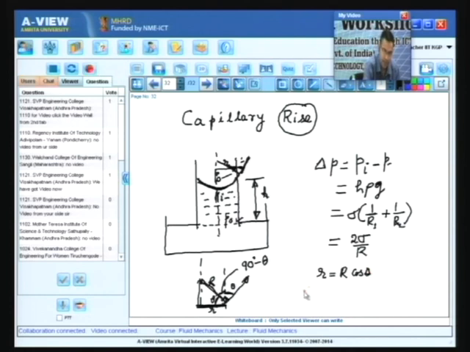So, we can write delta P is equal to H rho g is equal to 2 sigma by capital R, and in place of capital R we will replace small r by cos theta. So, 2 sigma cos theta by small r.